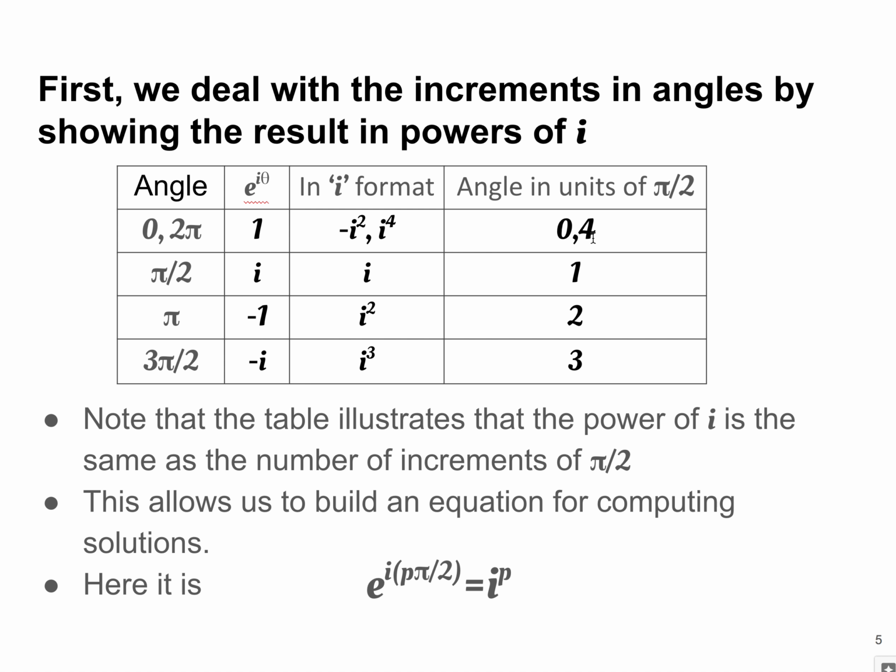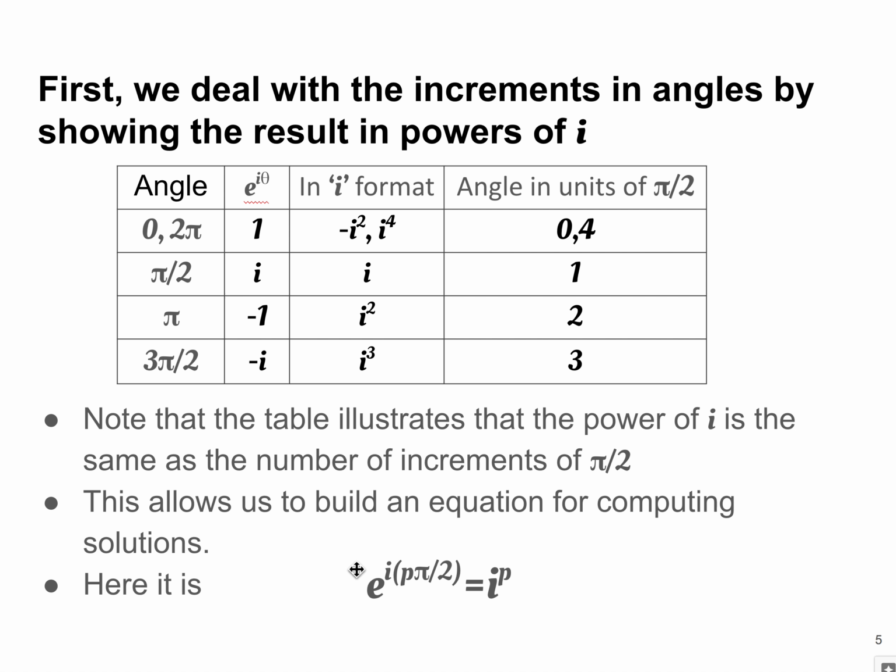So 2 pi is equal to 4 increments of pi over 2, right? 4 times pi over 2 is 2 pi. And pi over 2 is equal to 1 unit of pi over 2, and pi is equal to 2 of them, and 3 pi over 2 is 3. And you'll notice there's a 4, and there's a 4, and there's an implied 1, and there's a 1, and there's a 2, 2, 3, 3. So there's a relation between the repeating angles and the repeating expression of e to the I theta.